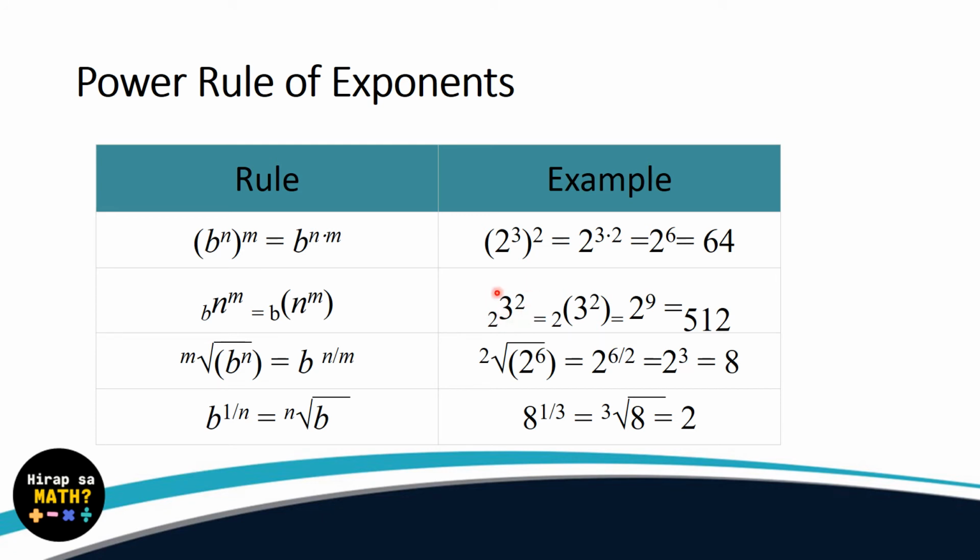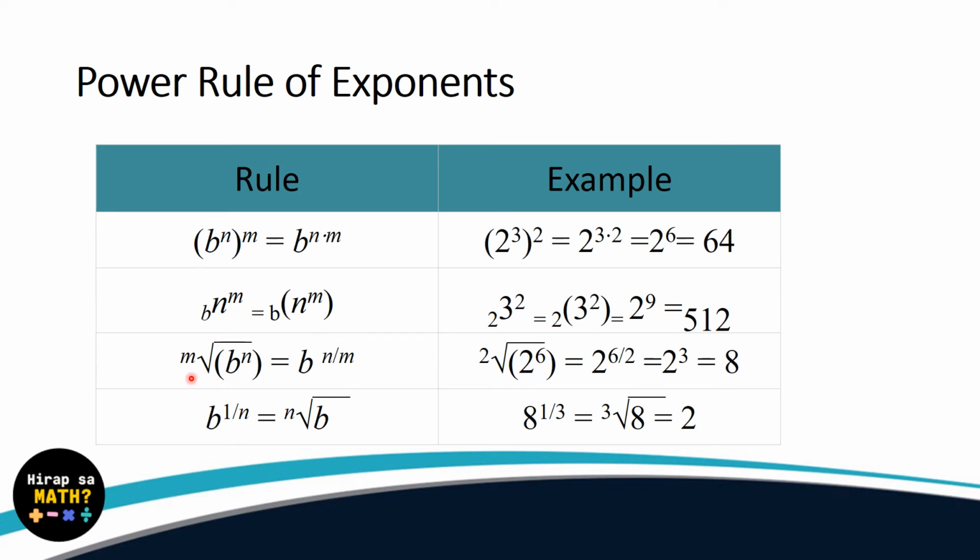So, i-parenthesis natin yung 3 squared. So, yung 3 squared is equal to 9. So, ngayon, yung base, kopyahin pa natin. So, that's 2 to the 9. So, ang sinasabi niya lang, unahin mo muna itong i-operate. Then, kapag done ka na, tsaka mo na siya i-erase dun sa base. So, 2 to the 9 is 512.